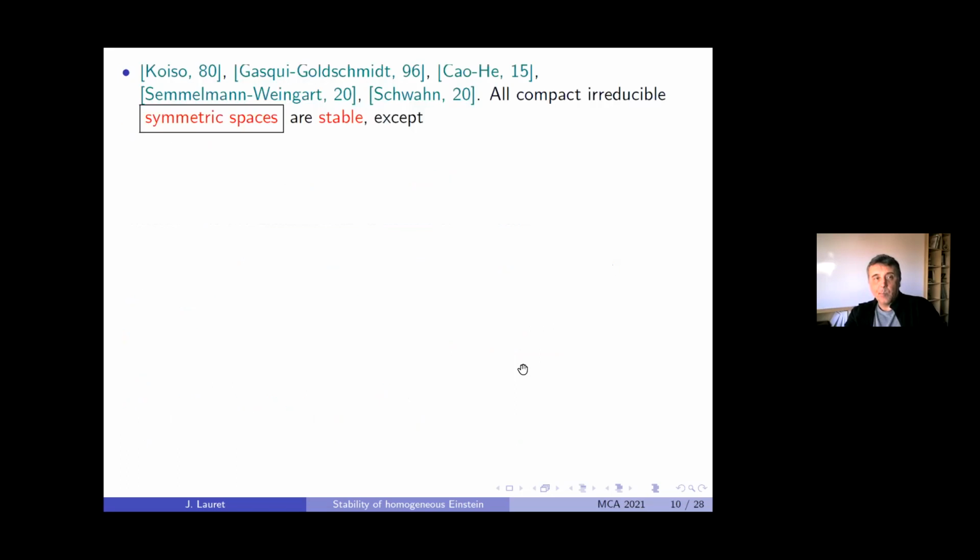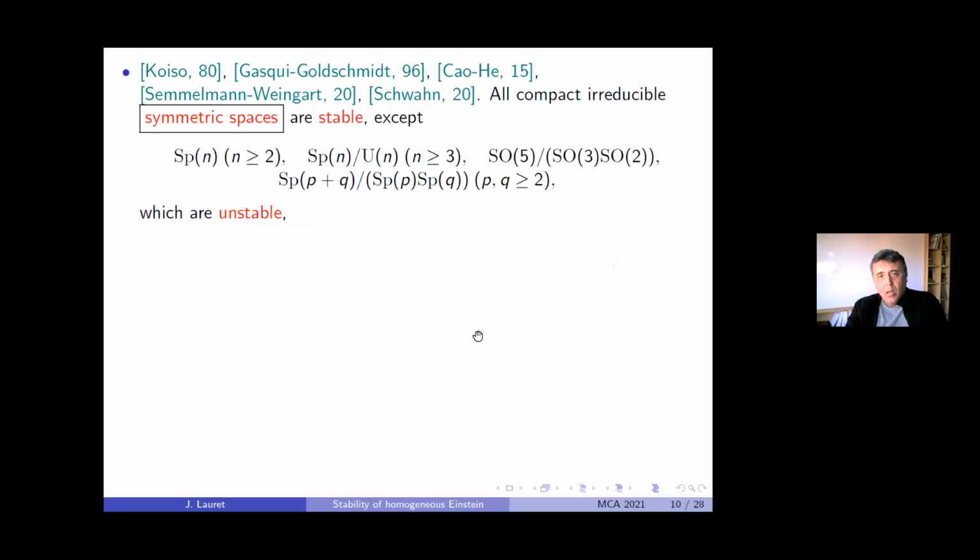So for symmetric spaces, which are in a sense the most beautiful Riemannian manifolds, you get that they are all stable, with some exceptions.